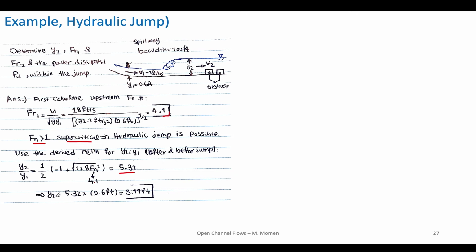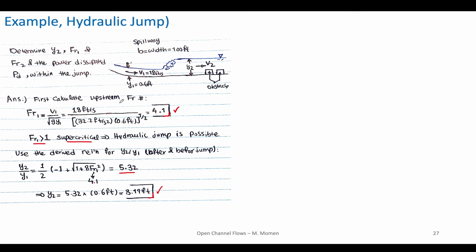So the depth after the jump, Y2, which is one of the things that the question asks from us, is 5.32 times Y1, which is 0.6 foot. So Y2 is going to be 3.19 foot. Okay, so this is the second thing that the question wanted us to find.